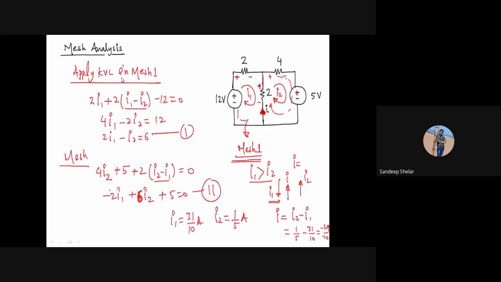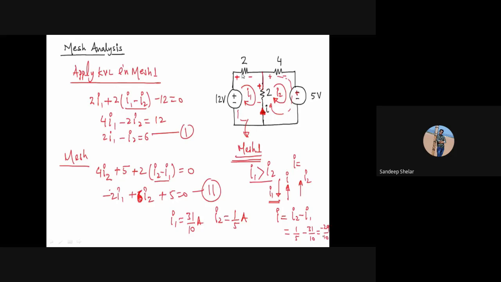Apply Kirchhoff voltage law in mesh 1. The main principle of Kirchhoff voltage law is that the algebraic sum of the voltages in a closed loop is equal to 0. Then apply KVL for mesh 1.